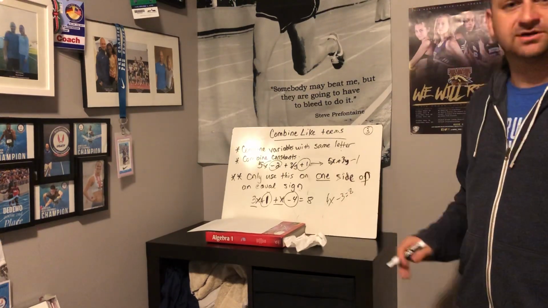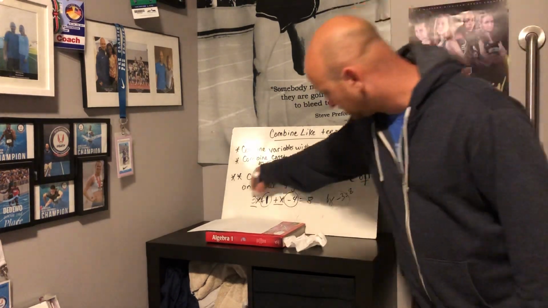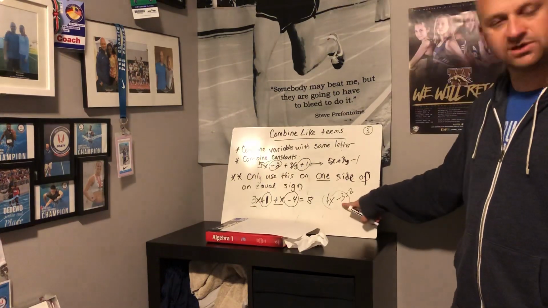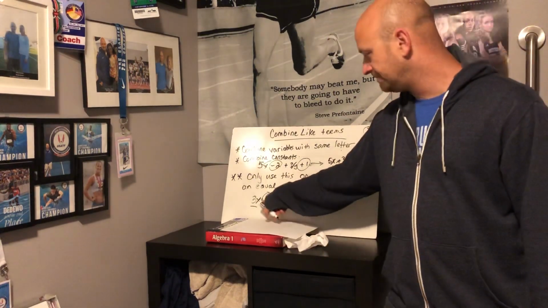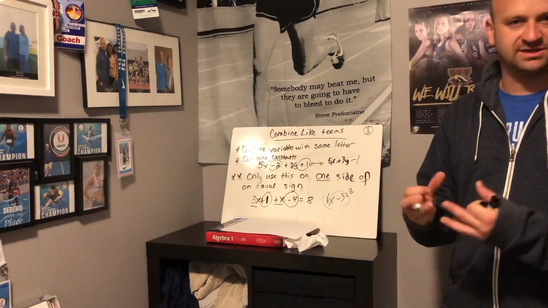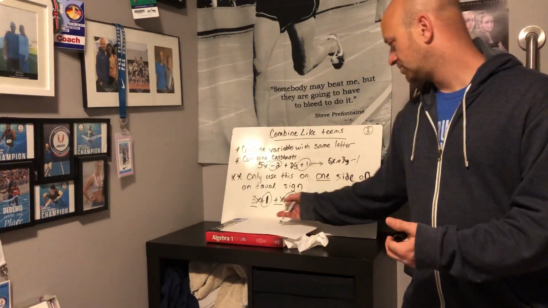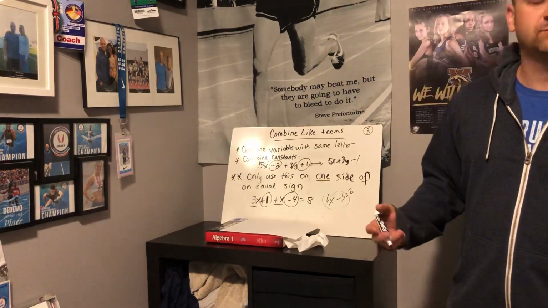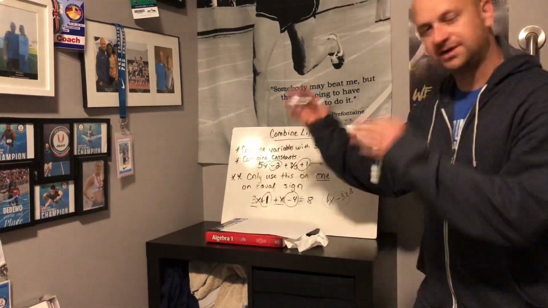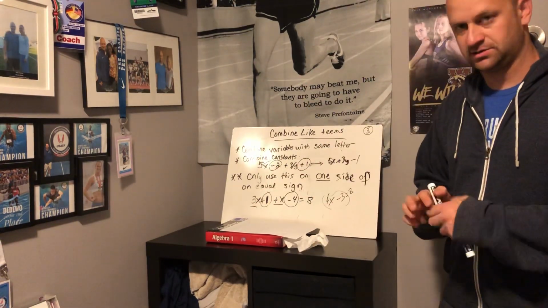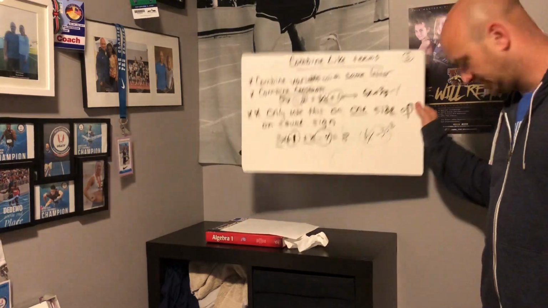And in a minute, we're going to talk about how to do that. But this part here, combining like terms, is only done on one side of the equal sign. Did you notice the 1 and the 4 and the 8 weren't combined? We didn't get 11 or 5. Why? Because we just combined on one side of the equal sign. Okay? All right.